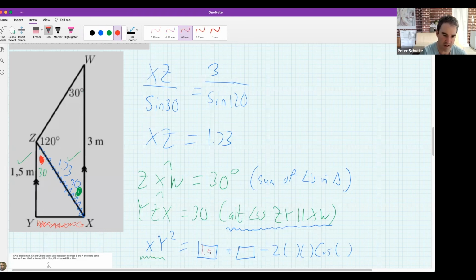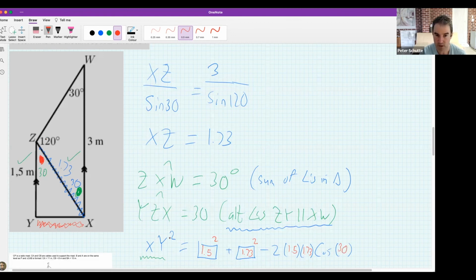So 1.5 squared over here and 1.73 squared would be there. And then there's going to be a 1.5 that goes here and a 1.73 that goes there. And then we look for the cos of the angle between those two sides, which is going to be 30.